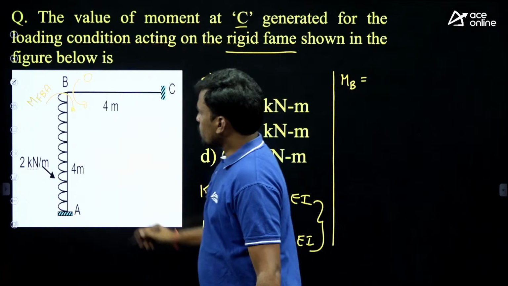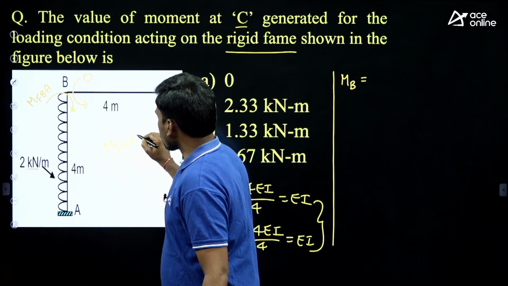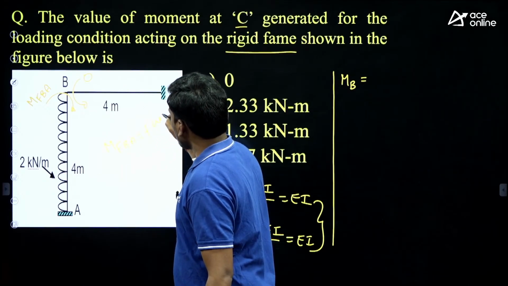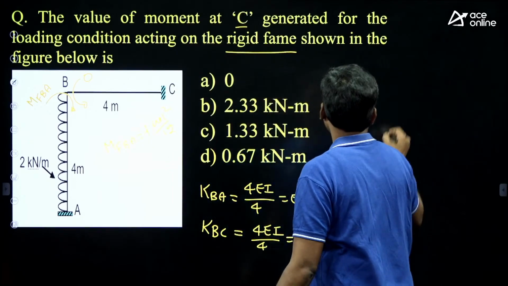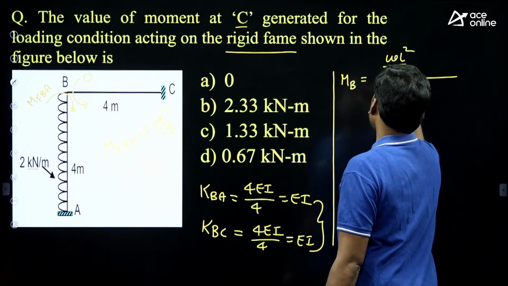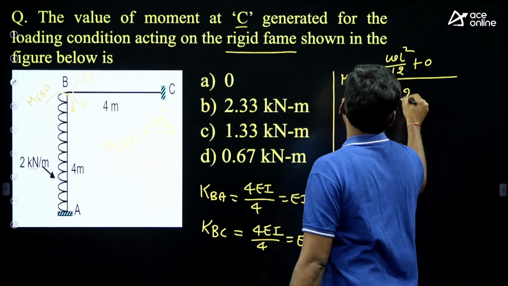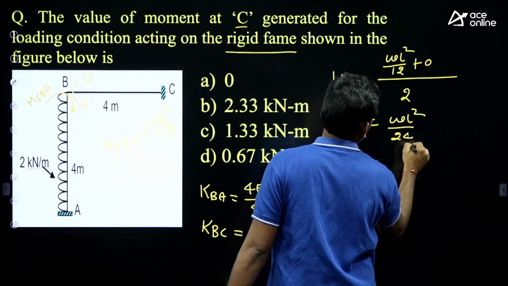Now tell me students, what is the fixed end moment for member BA? Subjected to UDL, clockwise plus WL square by 12, right? So what is the shortcut? WL square by 12, plus 0, divided by 2. Then this is WL square by 24.